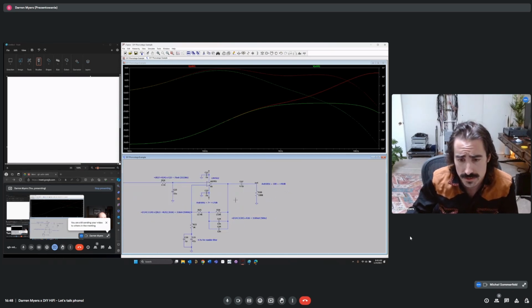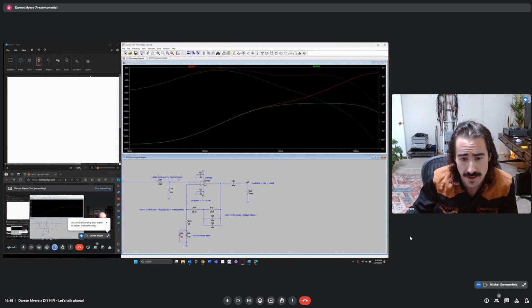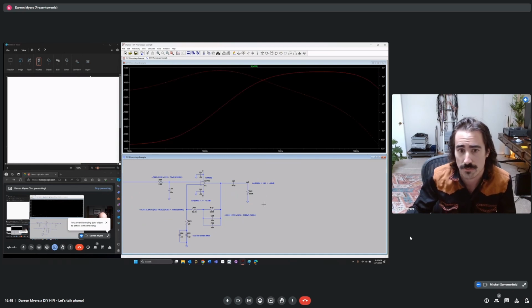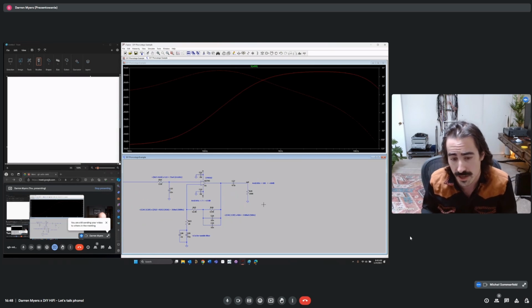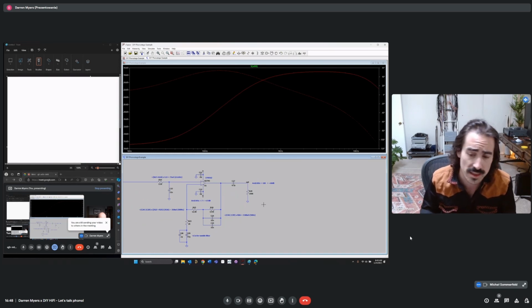So now we have our green line, and now what we have to do is apply our 500 hertz time constant at 318 microseconds, and then apply the time constant at 3,180 microseconds, which is going to be the 50 hertz pole down here.